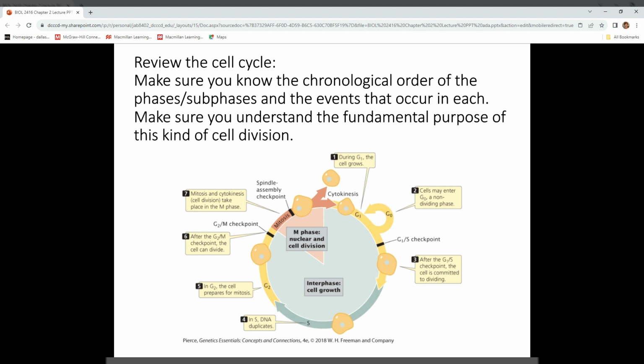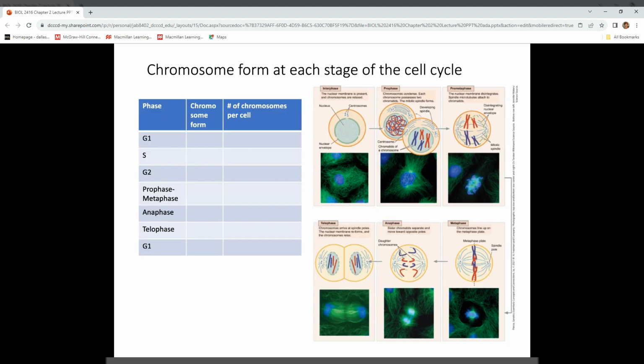But also later in life, cells will go through this division to replace other cells that have died or to help with repair processes of tissues. So we say that the purpose of the cell cycle is to produce genetically identical cells for the purpose of organism growth, tissue repair, and maintenance.